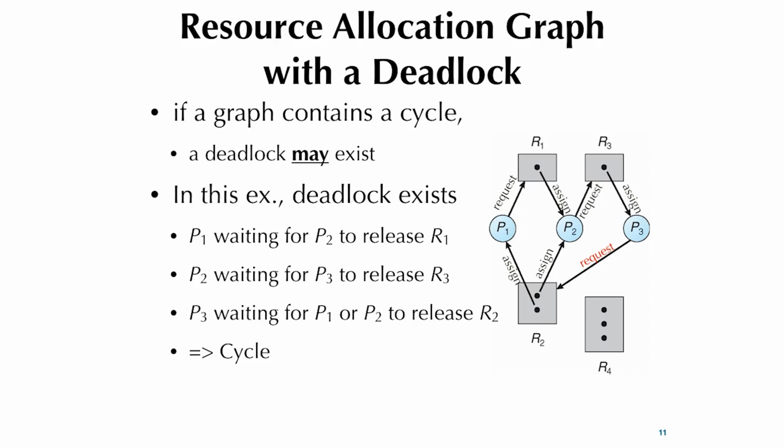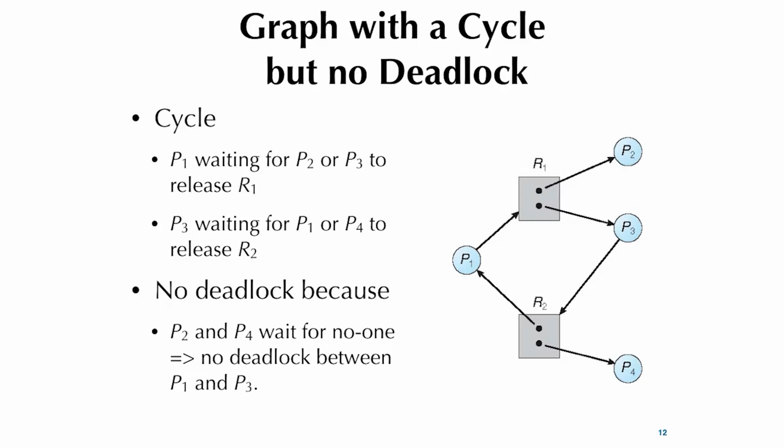Because it could go through P1 or through P2. Okay, so now just having a cycle doesn't imply it has a deadlock. So here's an example where there is a cycle but no deadlock.